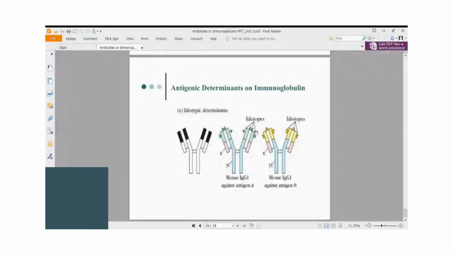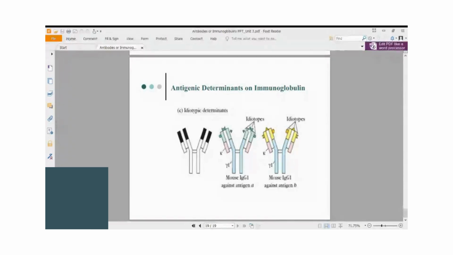they are different in their FAB site, because those amino acid sequences are meant to interact with the antigenic epitopes through the interactions which we mentioned in my first lecture, that is weak van der Waals forces, ionic bonds, hydrogen bonds or hydrophobic interaction.